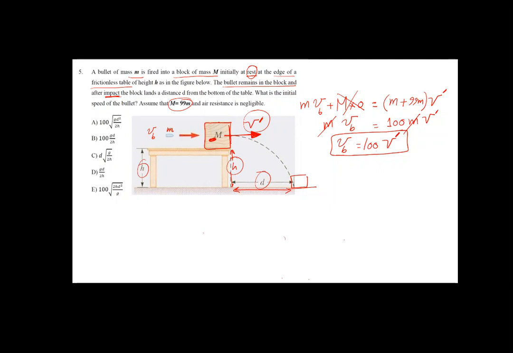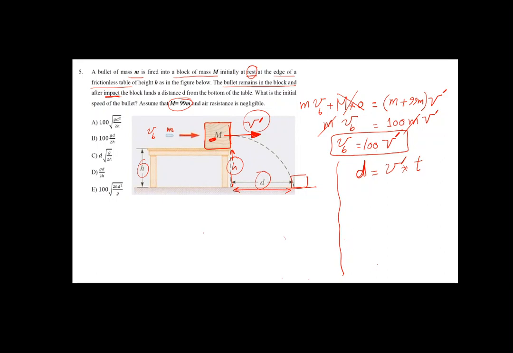Those three variables. Let's remember the equations of the projectile. X, the horizontal distance, equals the initial speed. We used to say Vi, but here I will say V prime times t. And the distance x here, he called it d. Okay? So this is the first equation. I will use it.